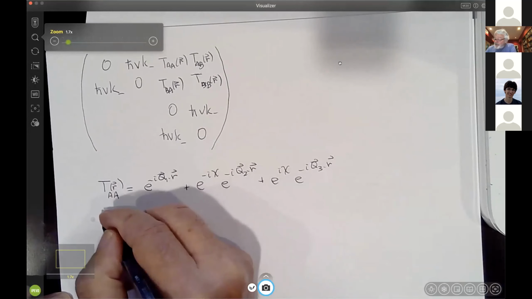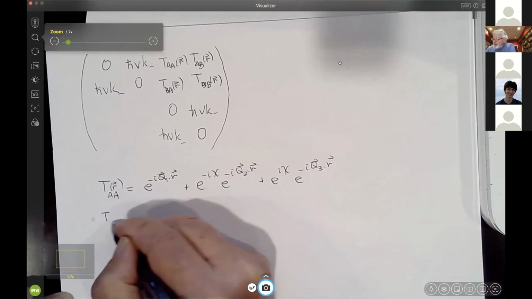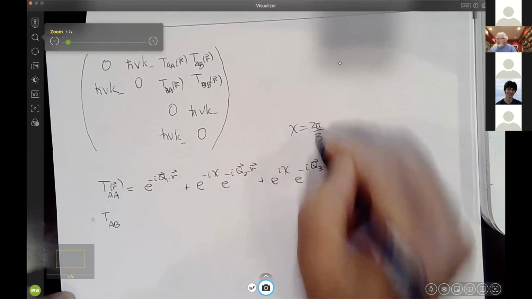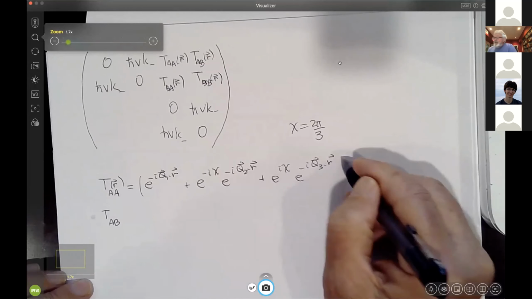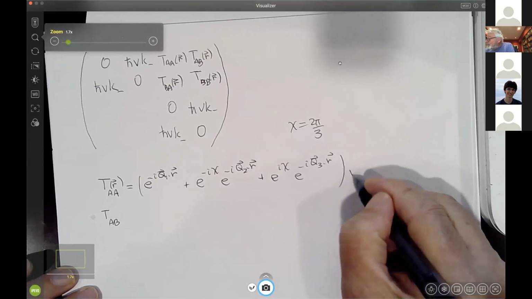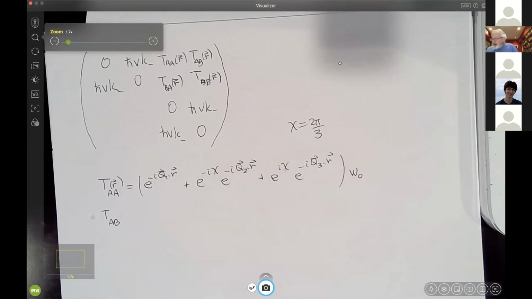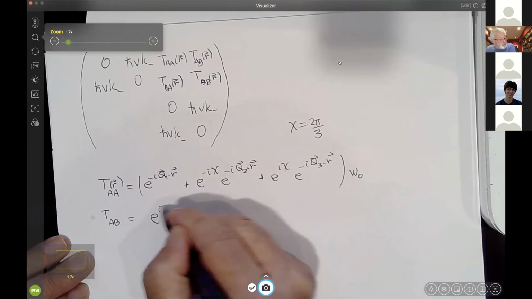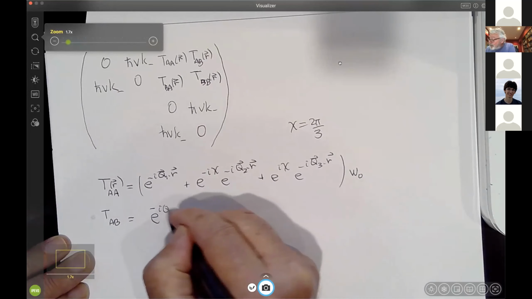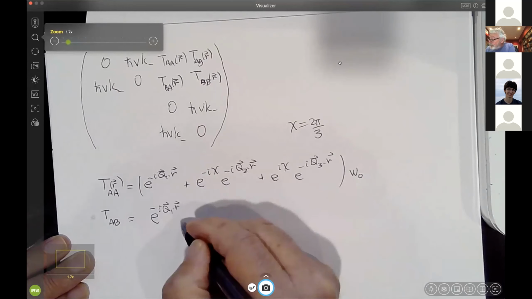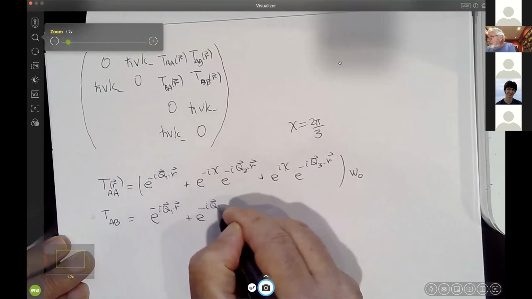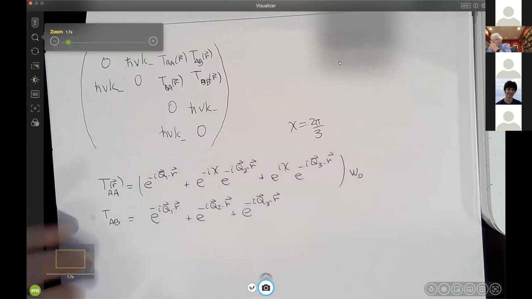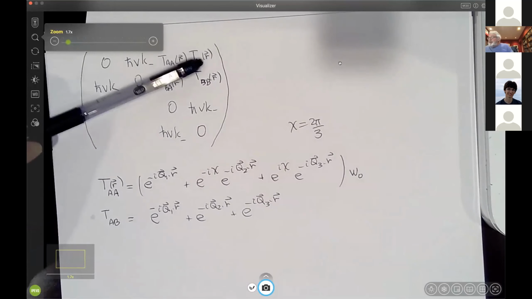I'm just going to write down here, chi is 2 pi over 3. I'll write down one more. TBA is not the complex conjugate of TAB.